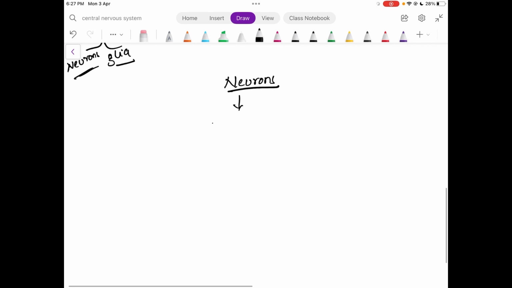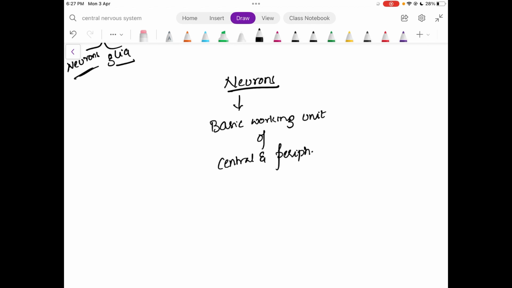The neuron is the basic working unit of the central and peripheral nervous system.